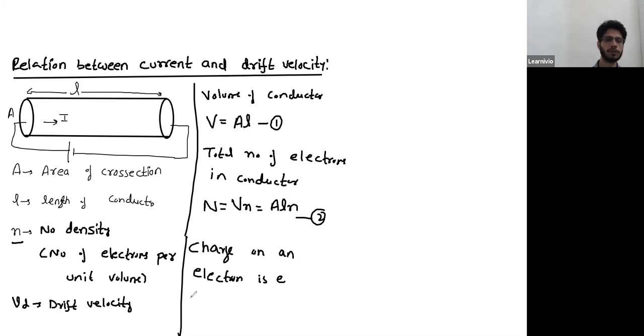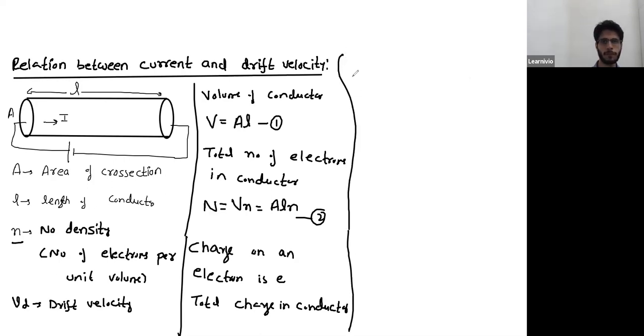So Jovana, how much is the total charge in conductor? Charge on one electron is e and that's the total number of electrons.